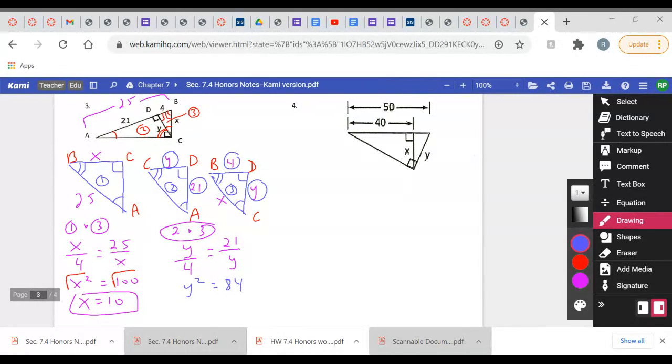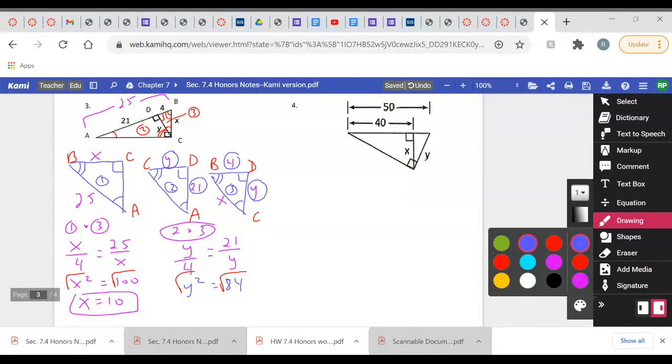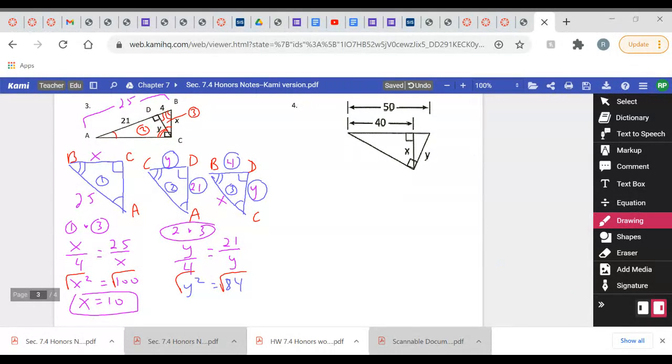When I take the square root of both sides, if you try to type square root of 84 in the calculator, you don't get a whole number, you get a decimal. So I do want you to practice simplifying the radical, put it in simplest radical form like we practiced the other day in class.